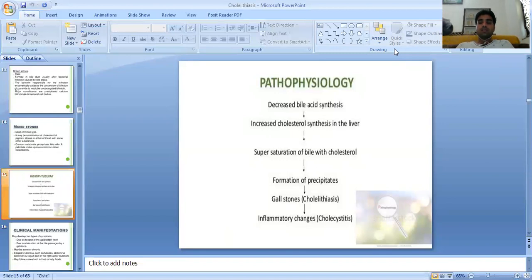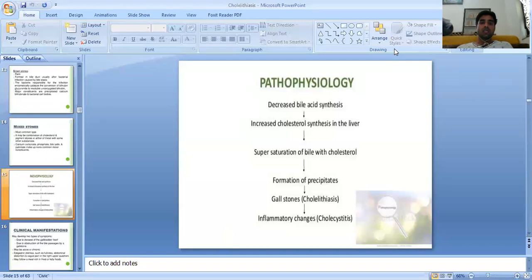In the previous class, we discussed the definition and classification of cholelithiasis. In today's class, we will discuss the pathophysiology of gallstones.